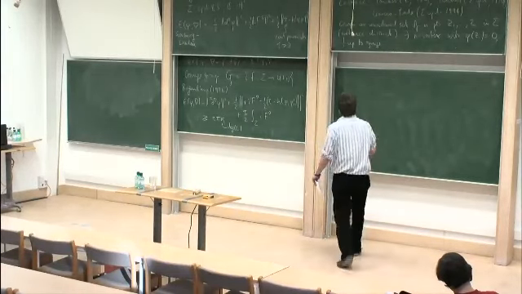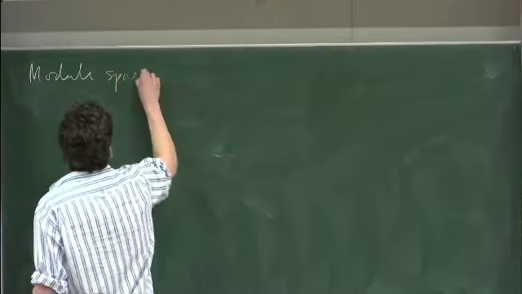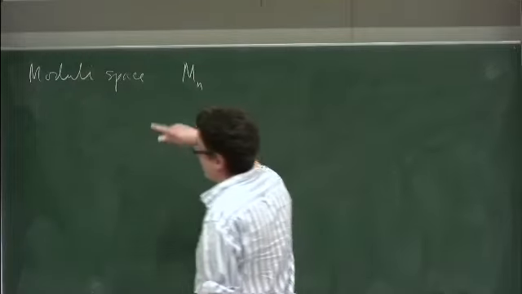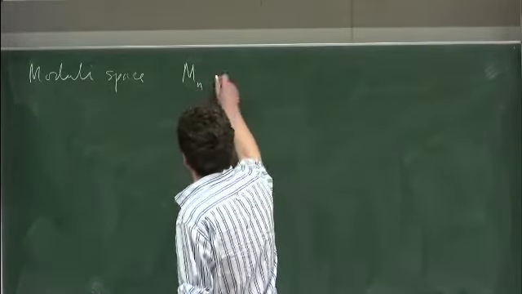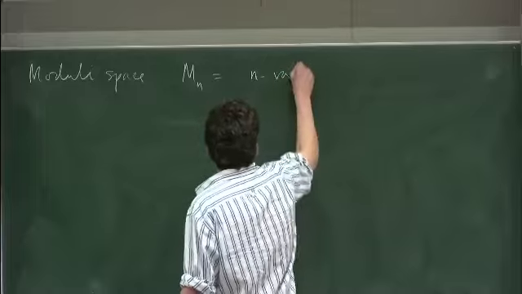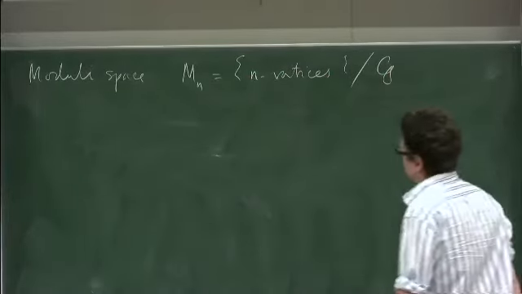Okay, so the moduli space, where n is the degree of my line bundle, or the vortex number, is the space of n vortices modulo the action of the gauge group.